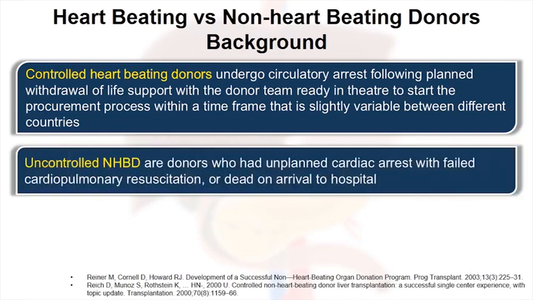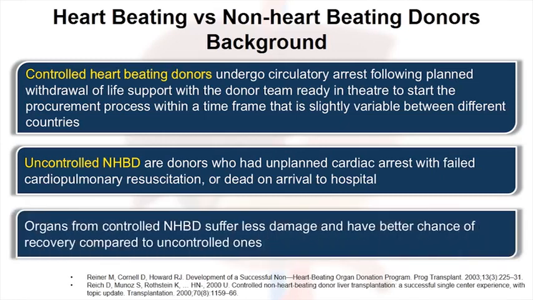Uncontrolled non-heart beating donors are donors who had an unplanned cardiac arrest and then had organs retrieved. So the controlled non-heart beating donors have slightly better organs, in a well-preserved condition, compared to those from the uncontrolled situation.